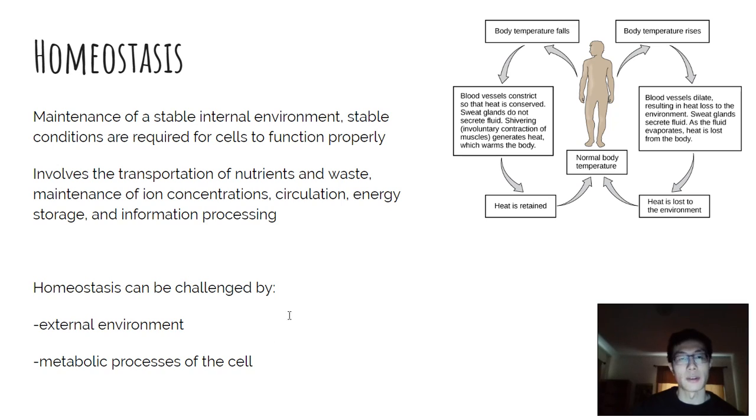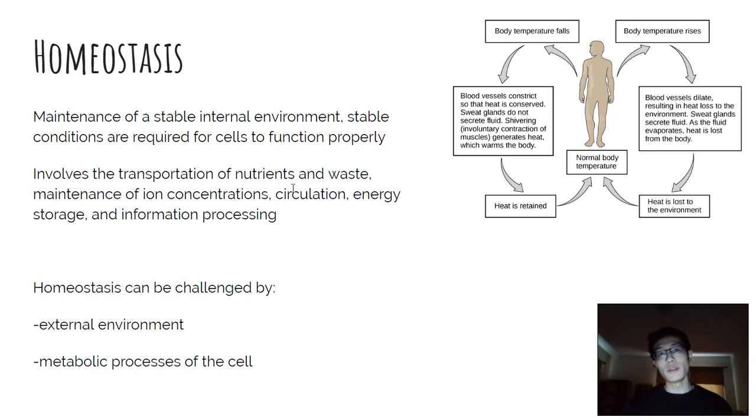So the external environment, a change in temperature, can potentially affect the stability of the body, the stability of the system. We often also have metabolic processes of cells, right, that can create, for instance, waste products like ammonia or maybe carbon dioxide that can also feed back and affect our body homeostatically. So oftentimes we have to maintain that homeostasis by transportation again and maintenance of these ion concentrations, etc.